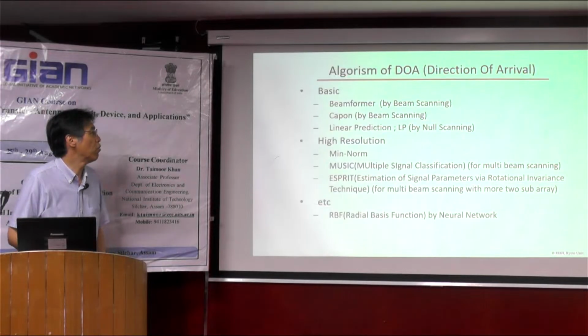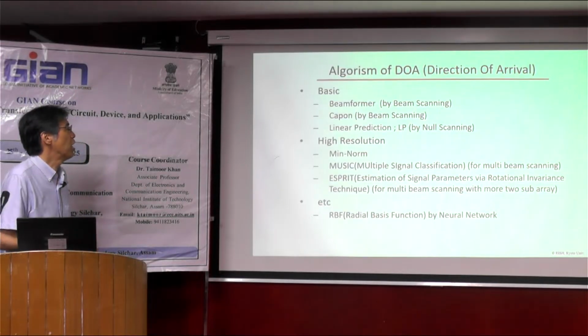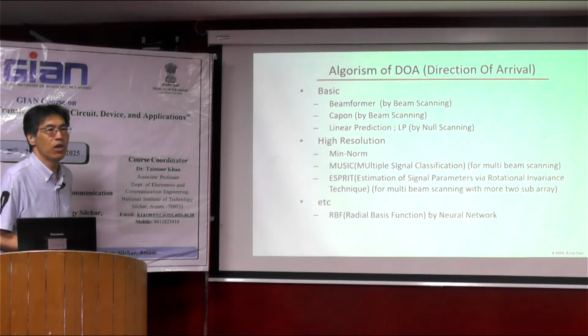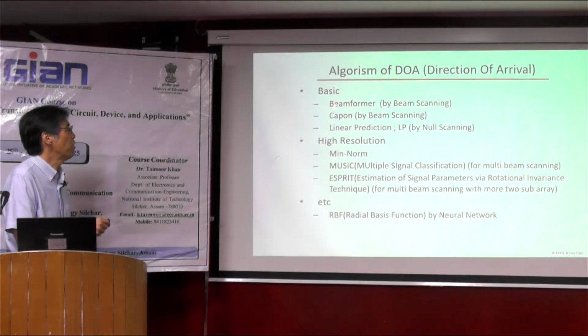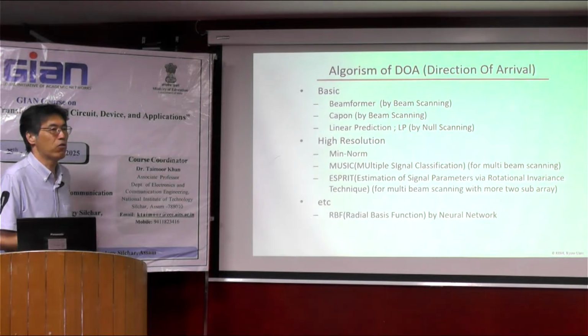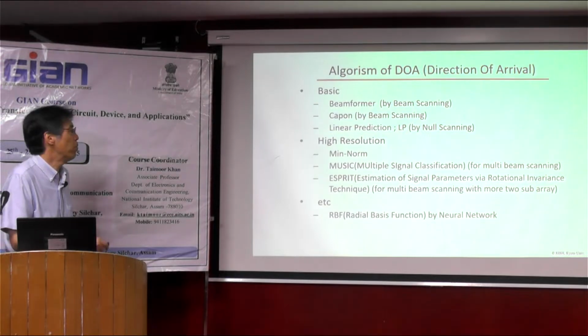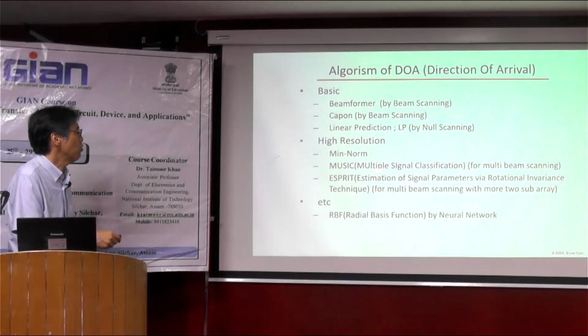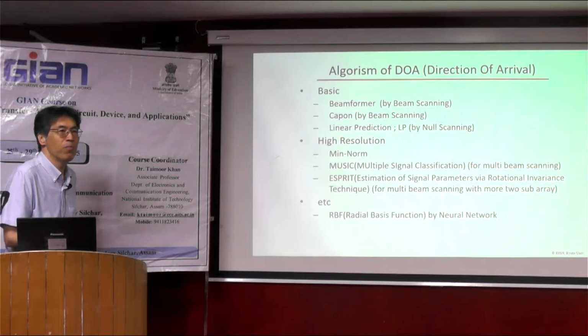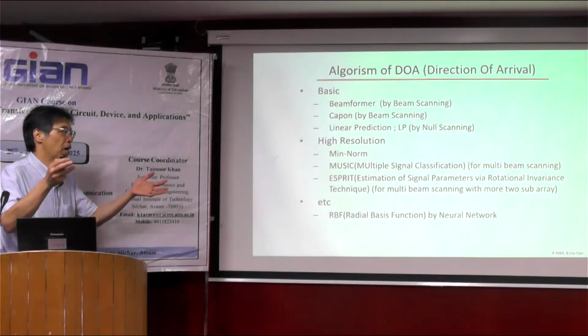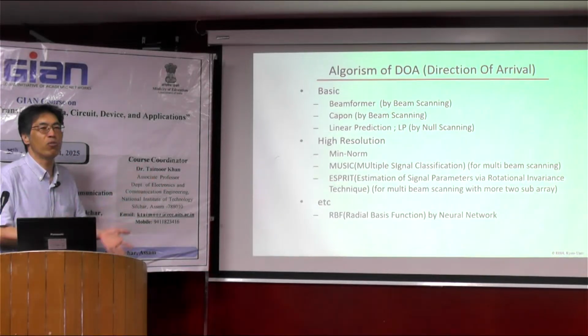So we have some very good algorithms named beamformer, Capon, linear prediction LP, and the most famous DOA algorithms are MUSIC, multiple signal classification, and the ESPRIT method. With MUSIC and ESPRIT, we can detect multiple directions of arrival.